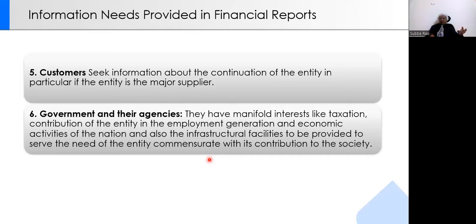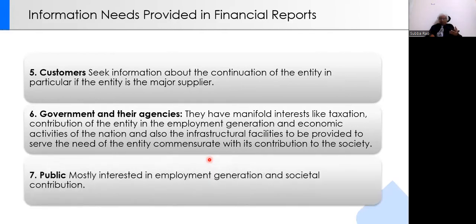Economic activities in the nation, contribution to the welfare of the society as a whole, and infrastructure facilities. Just 2 days ago, I had been to one of the hospitals. I saw some big vans donated by Wipro or Infosys to a cancer hospital. So the need of the entity commensurate with the contribution to the welfare of the society as a whole. Simply mentioning, I want to know why you want to know. So that's what we are discussing.